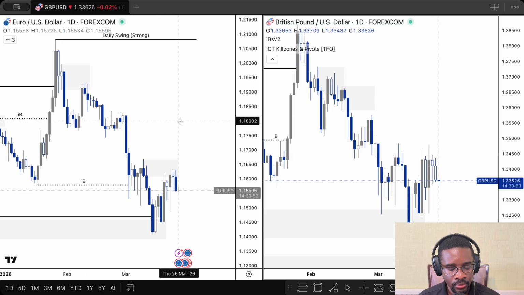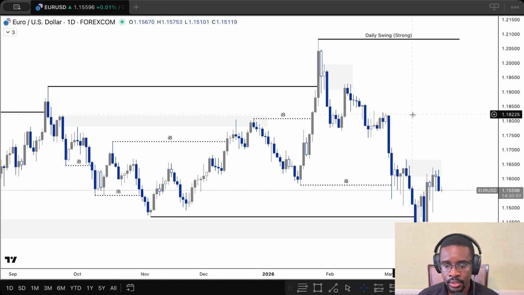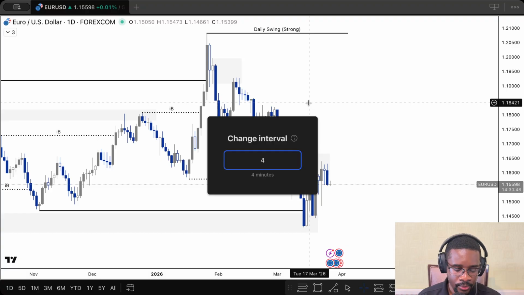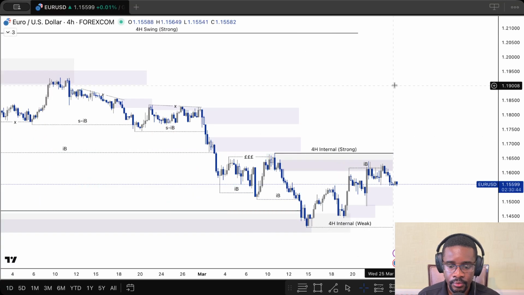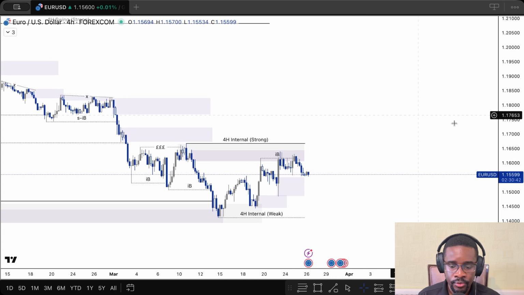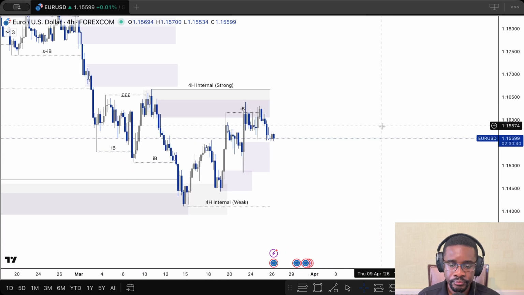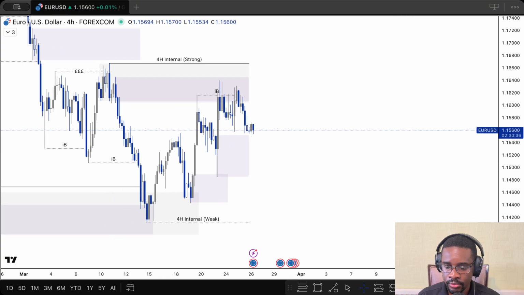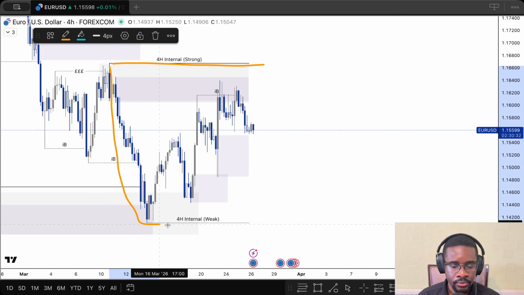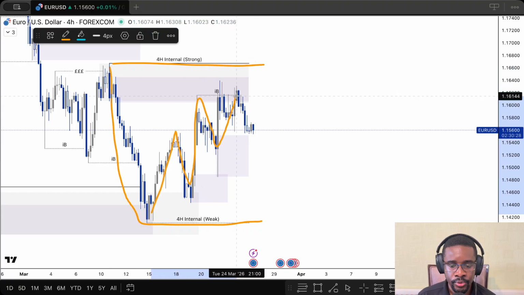Okay, so let's look at the Euro USD, and let's look at the 4-hour. Looking at the 4-hour chart, this is the current range that we're in, and internal to that range we've been bullish.